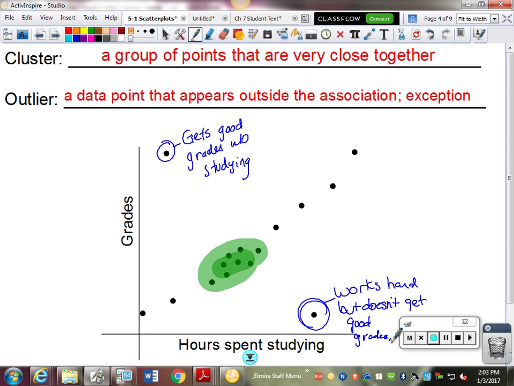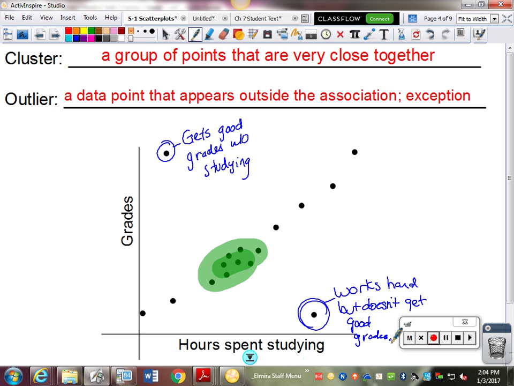Okay, these are exceptions. Now, in real life, you will have data presented to you all the time. And one thing I will stress to you is don't make life decisions based on the exception. Just because one person got a good grade without studying at all doesn't mean that you should stop studying.